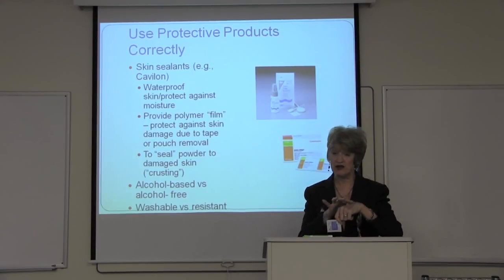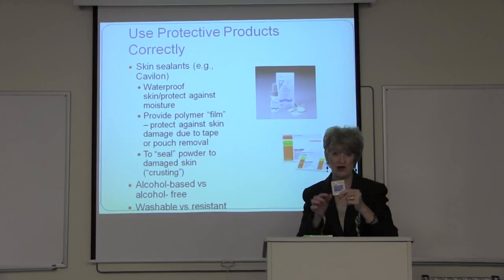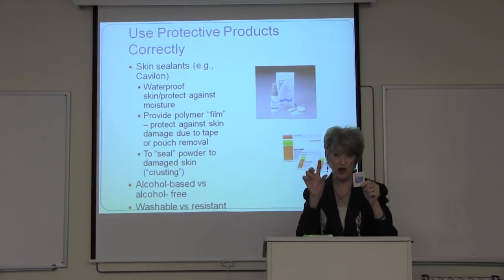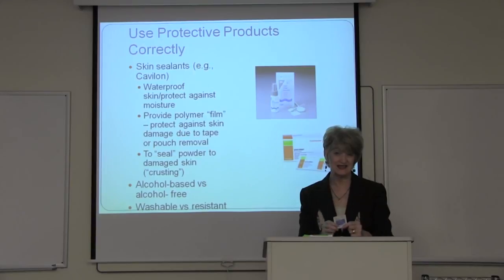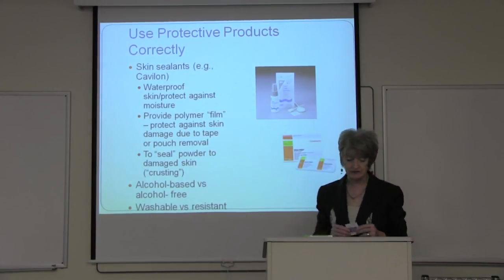It involves sprinkling a layer of pectin-based powder onto any damaged skin and then blotting over the powder with one of these plasticizing wipes or spraying with a plasticizing spray so that you end up with a protective layer next to the damaged skin and then a top plastic layer that allows you to pouch. We'll come back to that.